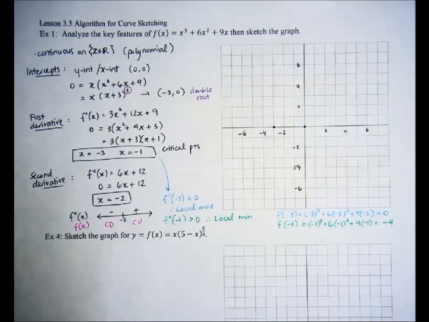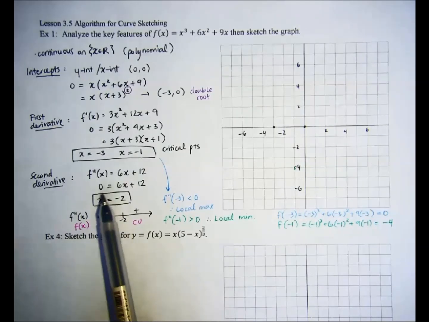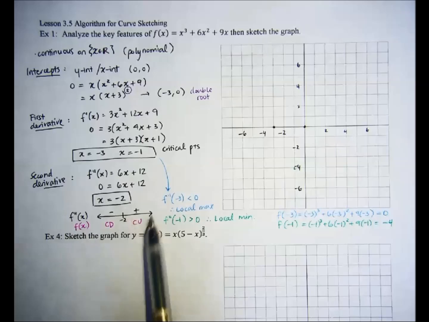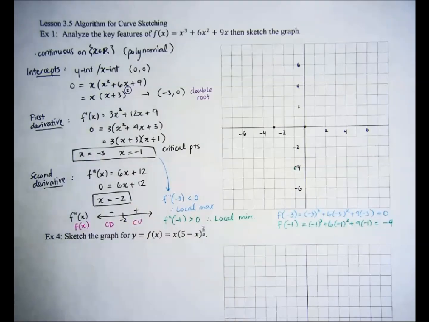Okay? And we know that because f prime prime at -2 is 0, and the sign changes from negative to positive, that means we do have a point of inflection at x equals -2. So we need to just calculate what that's going to be.